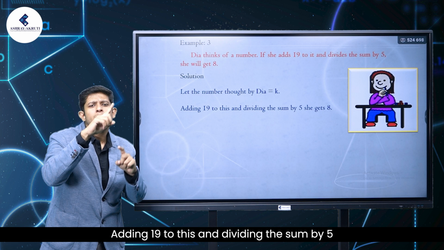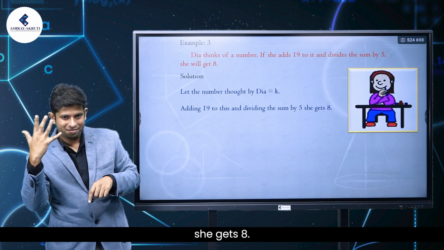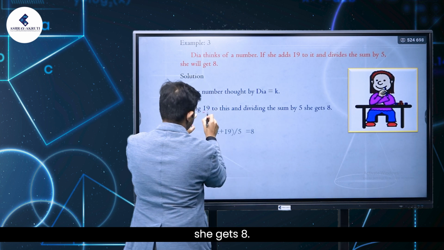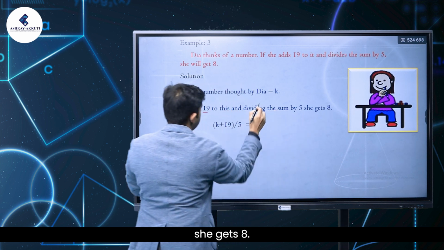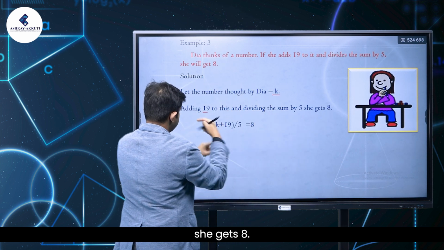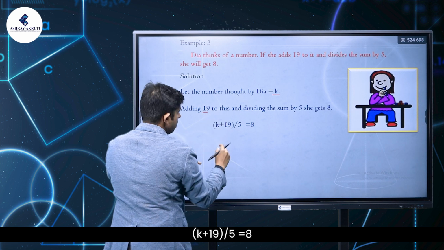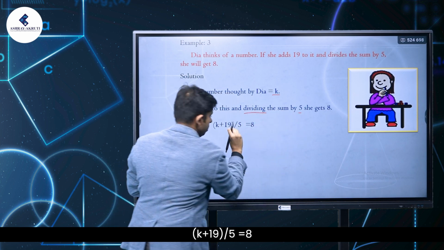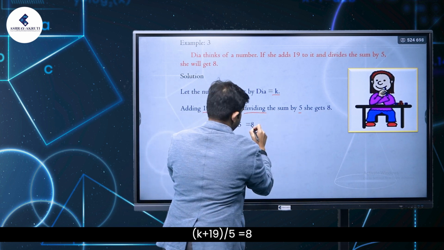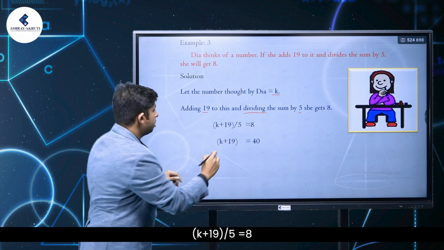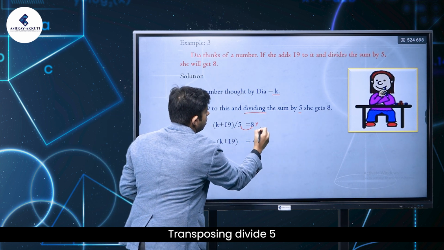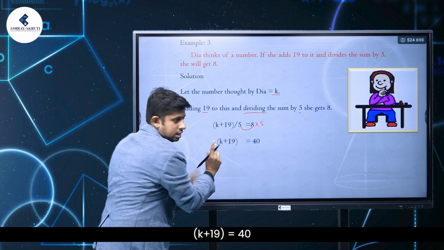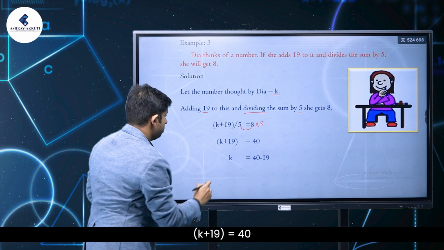Adding 19 to this and dividing the sum by 5, she gets 8. (k plus 19) by 5 equals 8. Transposing divide by 5 will make it multiply by 5. k plus 19 equals 40.